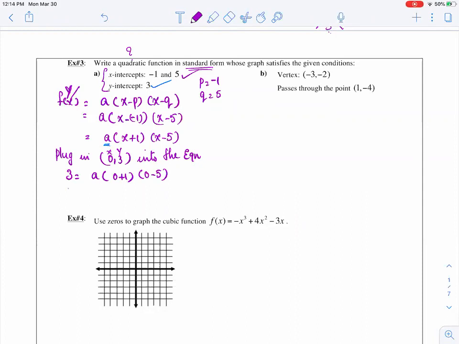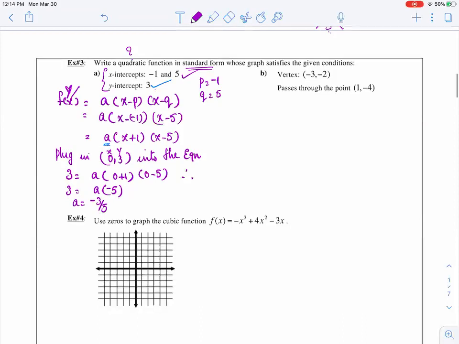So 3 is equal to a times -5. So a would be 3 over -5, or -3 over 5. That's your a. We did not know what a is, so we used the extra information given in the problem, and now you have the a.